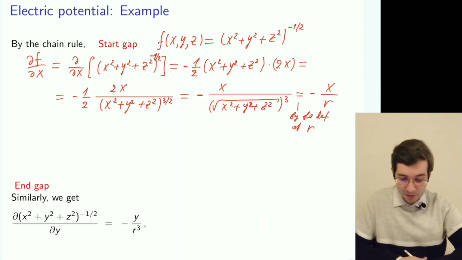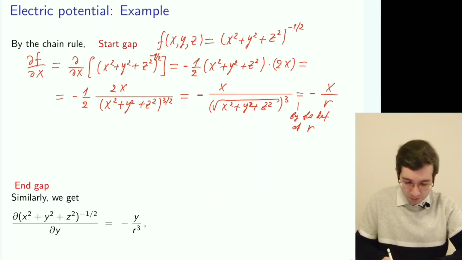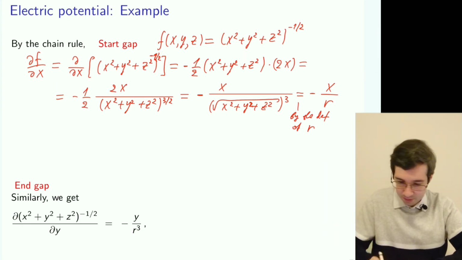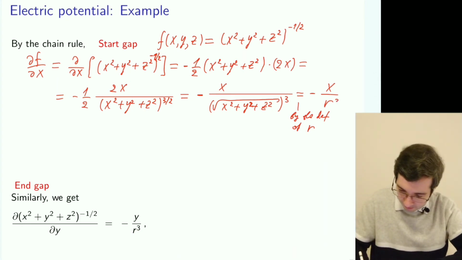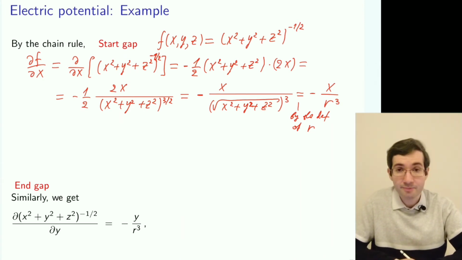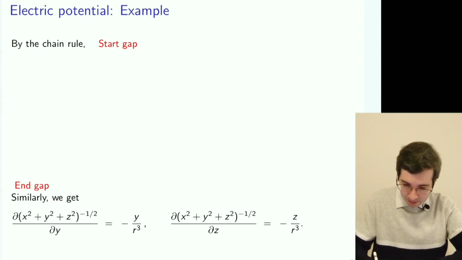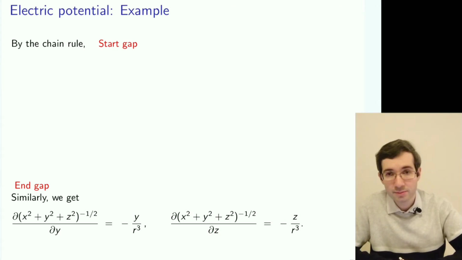So that's what we found, and very much in the same spirit we'll find that if we differentiate with respect to y, we will get minus y over r cubed. Sorry, here it is r cubed, right? Because we take this bracket. And likewise, we see that if we take with respect to z, we'll get minus z over r cubed.